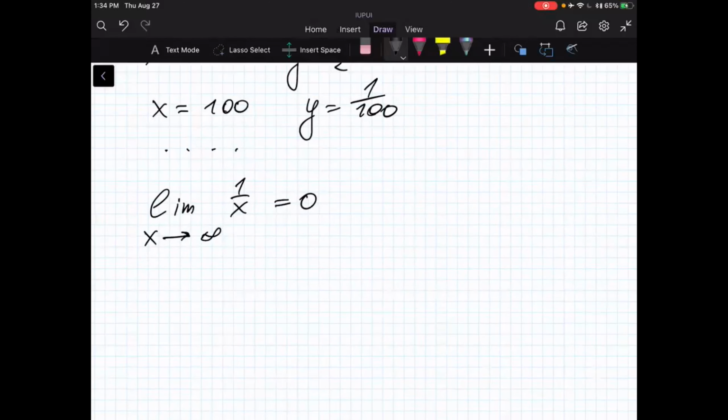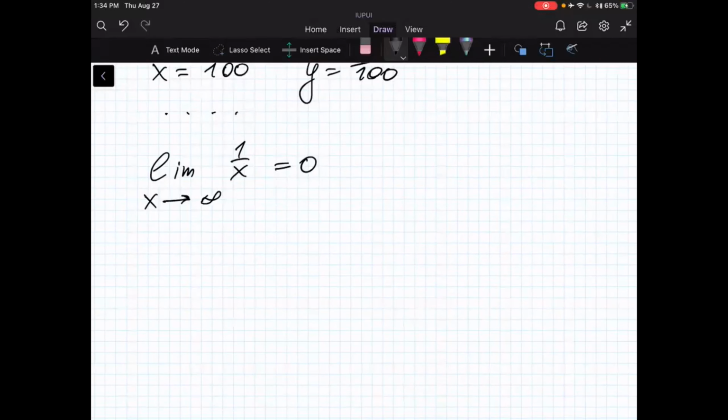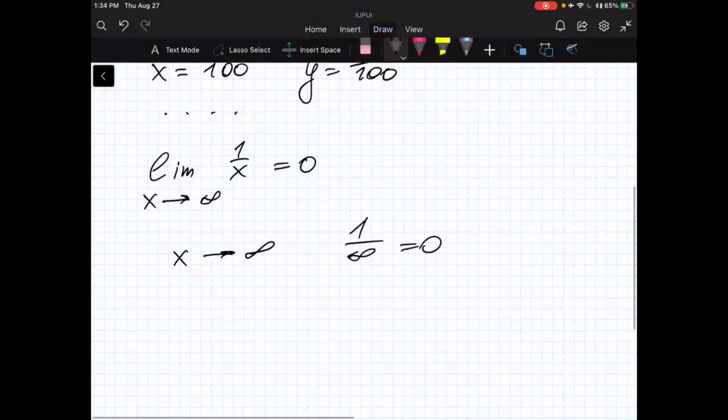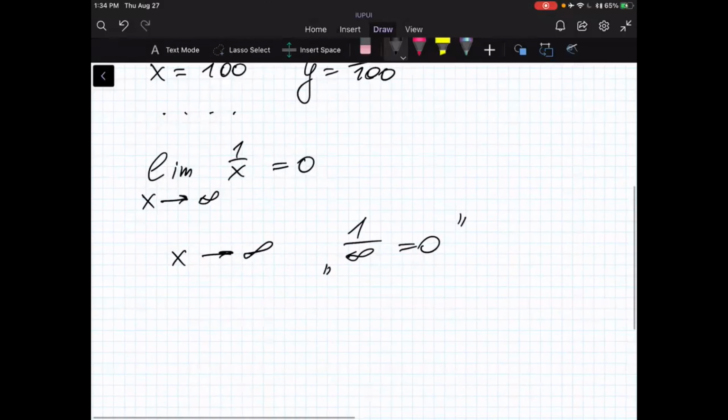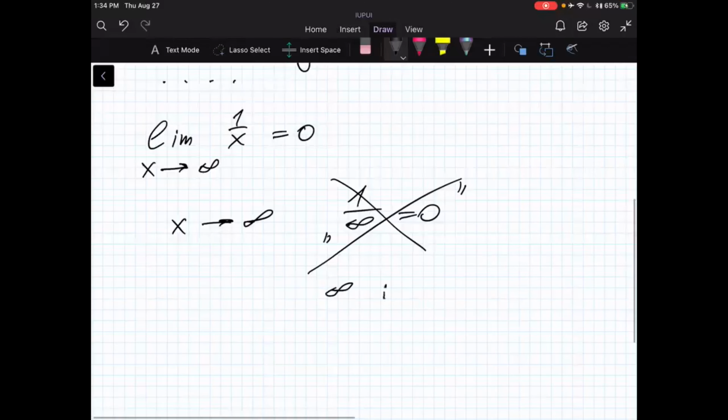It's not a good way to write something like this: if you have the function 1 over x, then what happens when x goes to infinity? Maybe you would like to write something like 1 over infinity, that it is 0. But this is not good notation for that, because infinity is not a number.